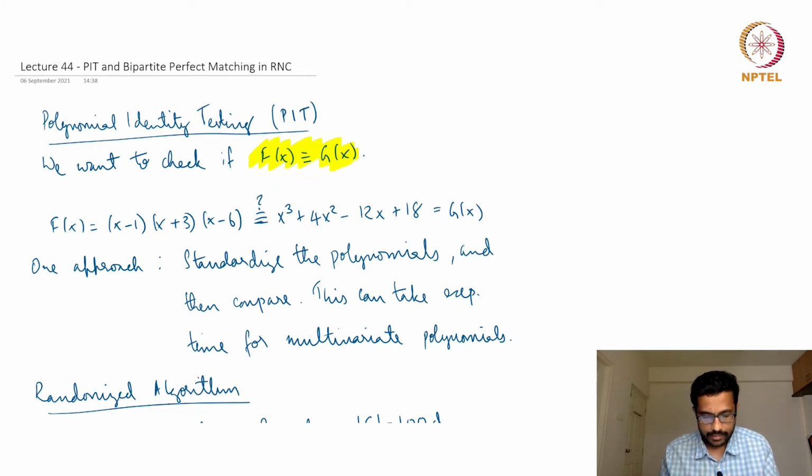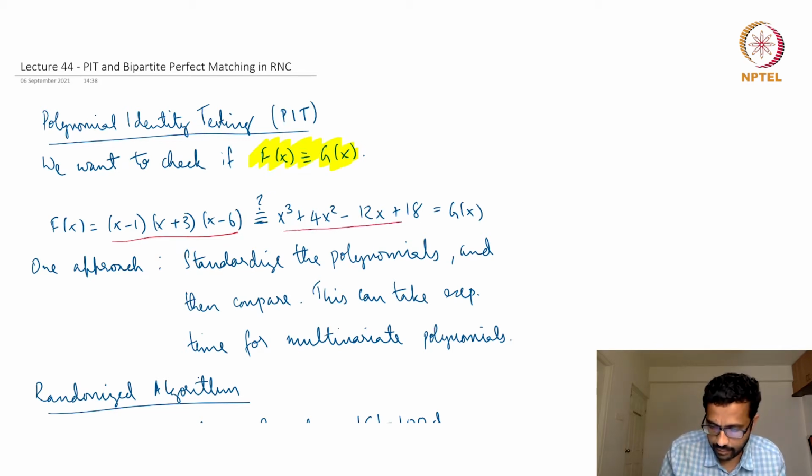Just to give an example, what if the polynomials f and g are given like this: f is x minus 1 multiplied by x plus 3 multiplied by x minus 6, and g is x cubed plus 4x squared minus 12x plus 18. So how would you do this? You can try to reduce the polynomials to the standard form. On the first look, the leading terms look like x cubed, so that seems to be the same.